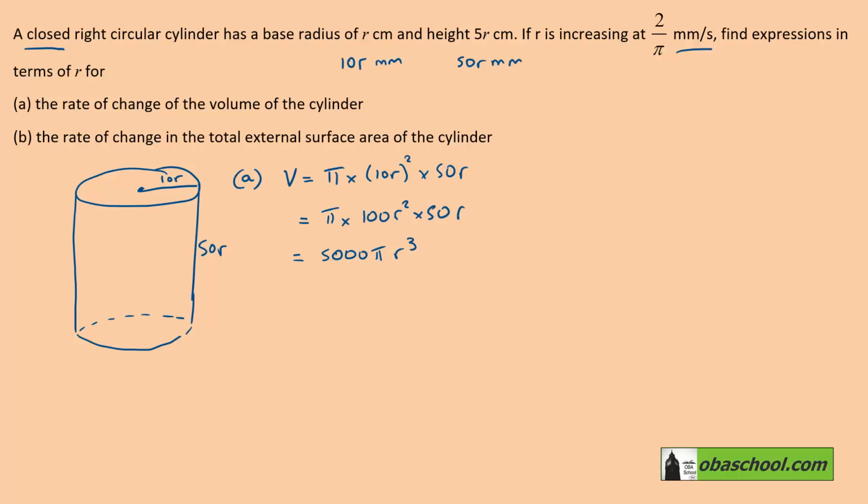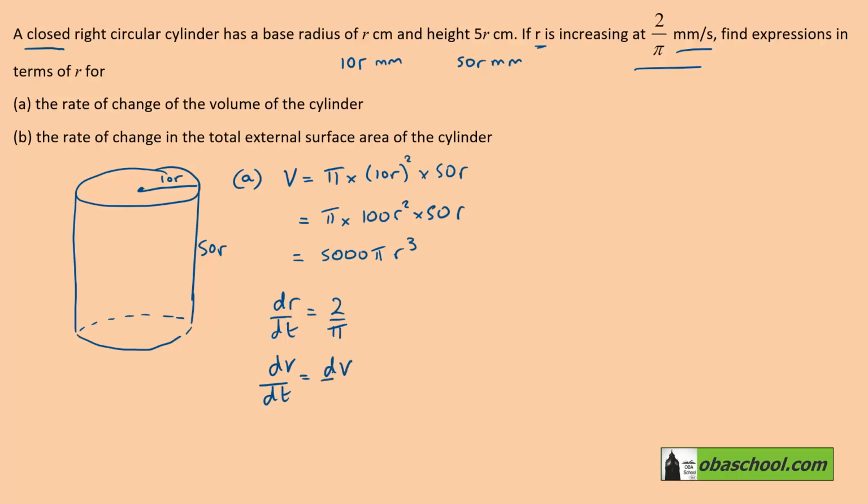Now, we know that dr dt is 2 over pi. That was the increase of the radius. We want to find here dV dt.